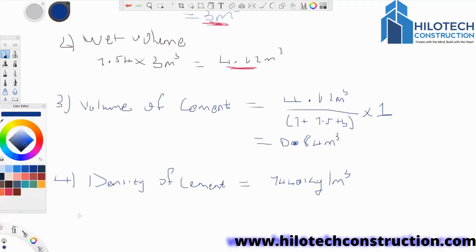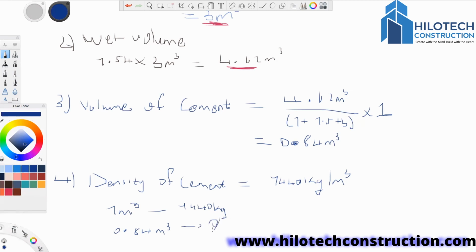So what this means is, in 1 meters cubed, we have 1,440 kilograms. Okay. So in 0.84 meters cubed, we are going to be having what?